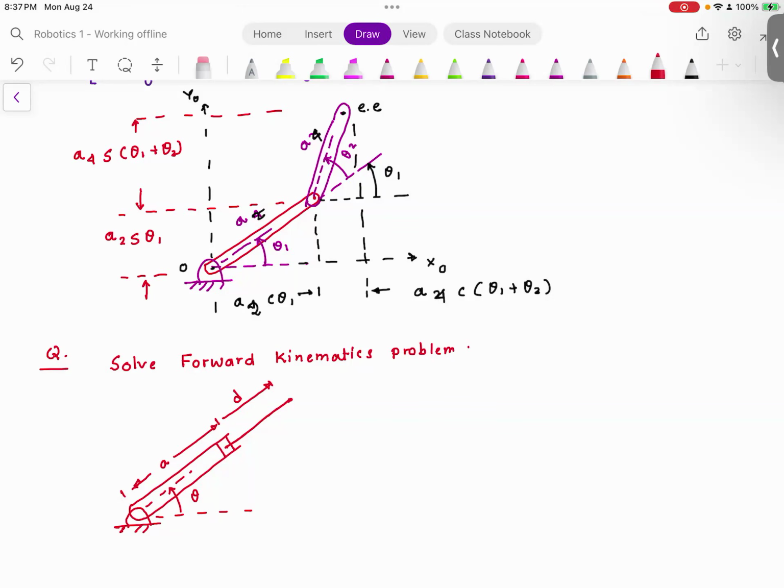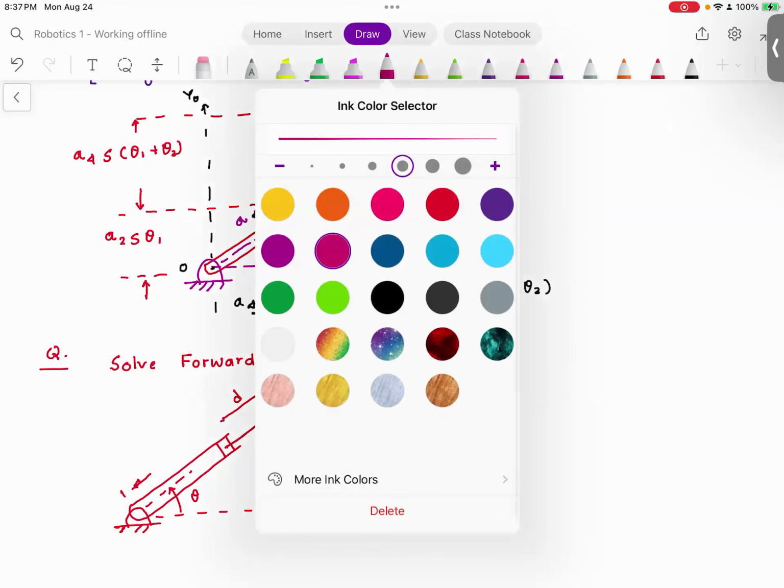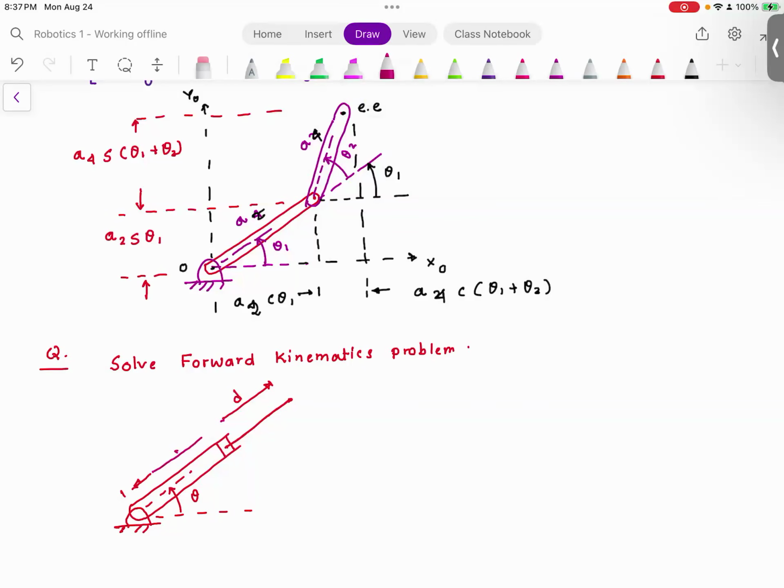Actually, I can make it even easier. I say that this extension is D and this rotation is theta. So there are two joint variables. D is the extension of the piston, or cylinder.